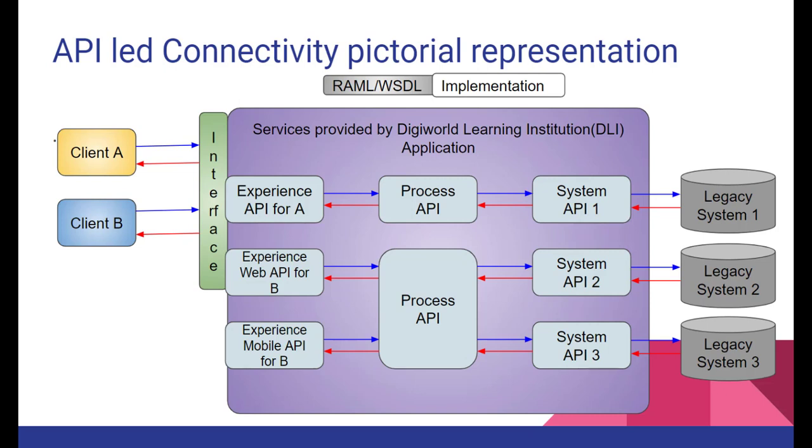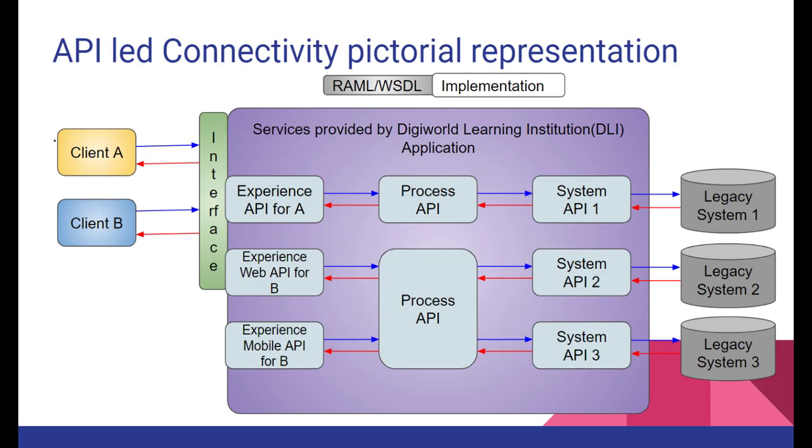Later on, suppose your process API also wants to access the data from legacy system 2. For that, you need to develop the system API 2 to fetch the information from legacy system 2, right? So you can think like though you have added a legacy system in your application, you don't need to change the process API or the experience API.